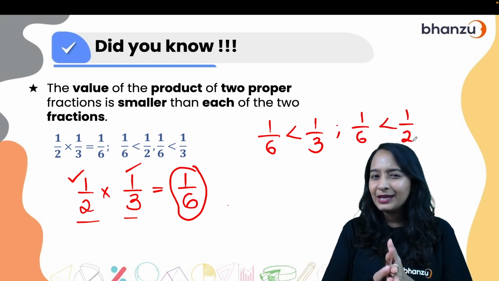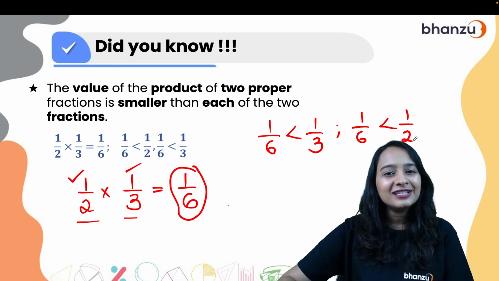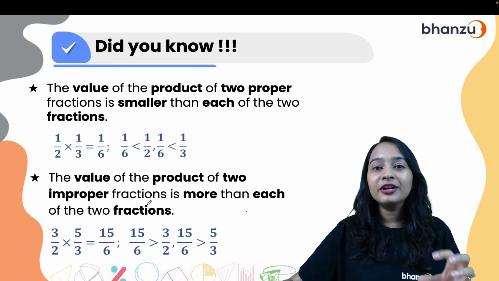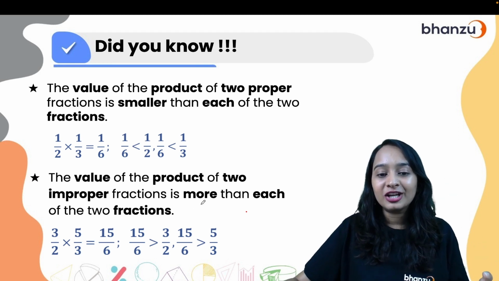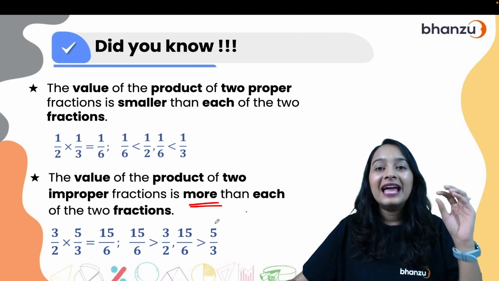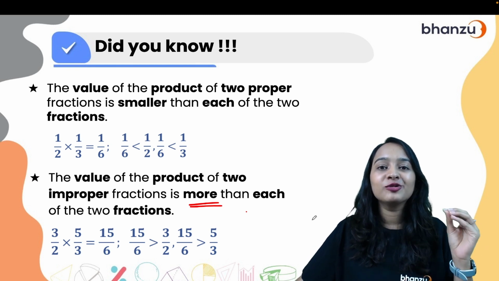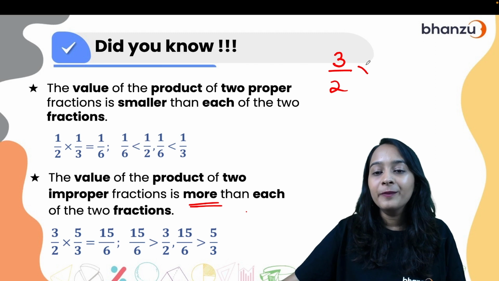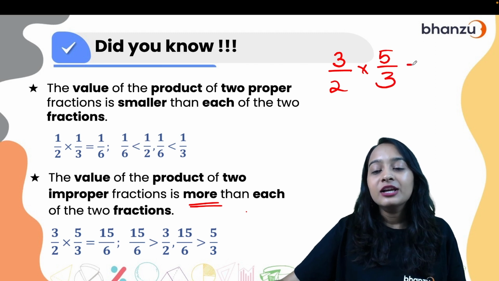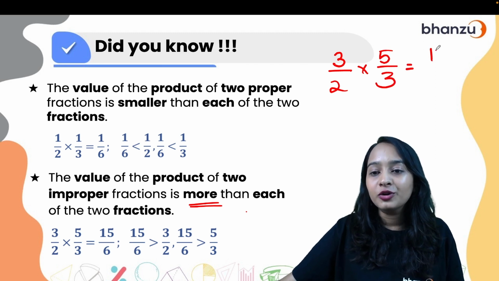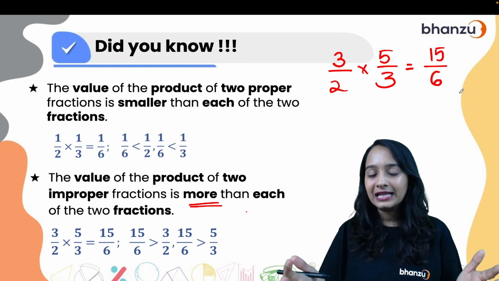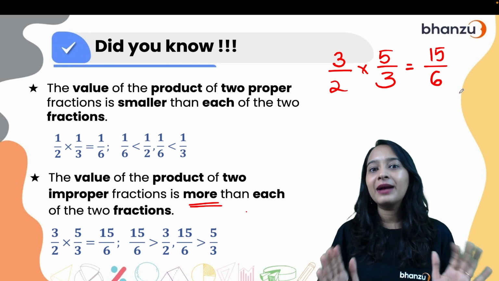Do you think the same happens for improper fractions? No, it's actually the other way around. The value of the product of two improper fractions is more than each of the individual fractions. So I am multiplying 3 by 2 with 5 by 3. I'll multiply the numerator with the numerator and denominator with the denominator. I know you can cancel out here, but let's look at 15 by 6 for now.